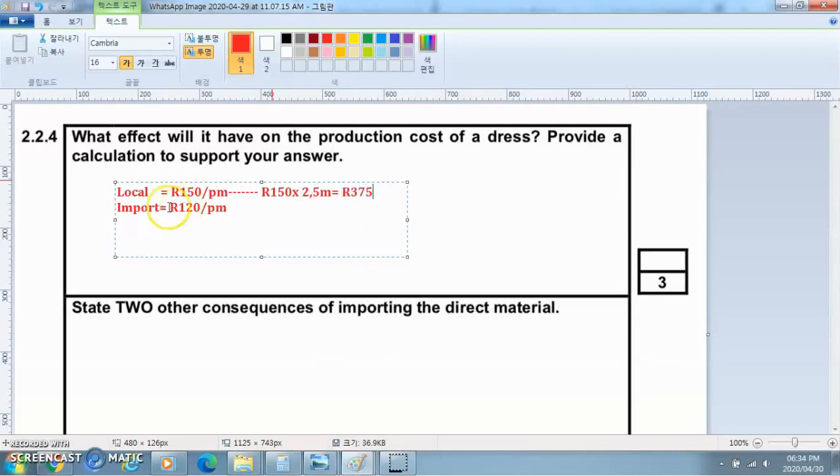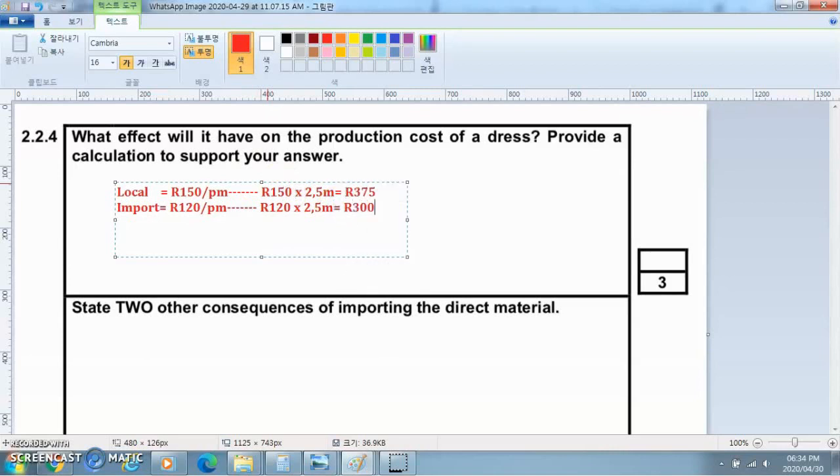And then we get an answer of 375. You get it? Okay, so let's do the same thing for this one down here. So here we say 120 multiplied by 2.5 meters. We do the same thing here, and the final answer is 300 rands.